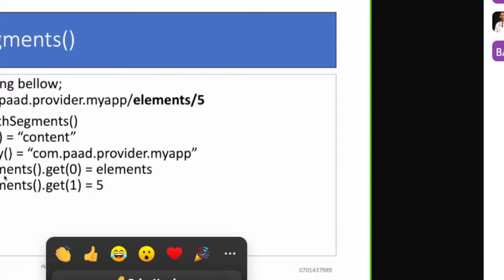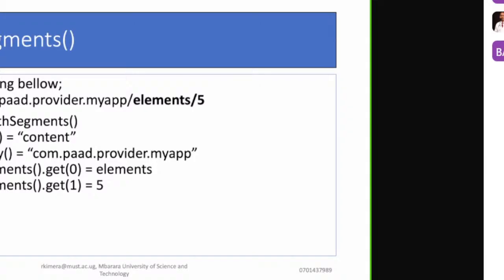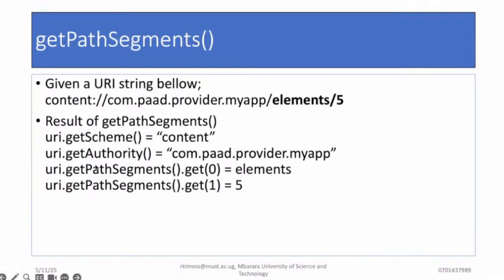But this whole URI, you can actually separate it. For example, if you are writing an application to use a content provider, and let's say maybe you have multiple content providers in your application, you might want to check which content provider you're using, and maybe you're interested in the authority, which we said is usually the package name, because the package name can tell you about the app that you're using.